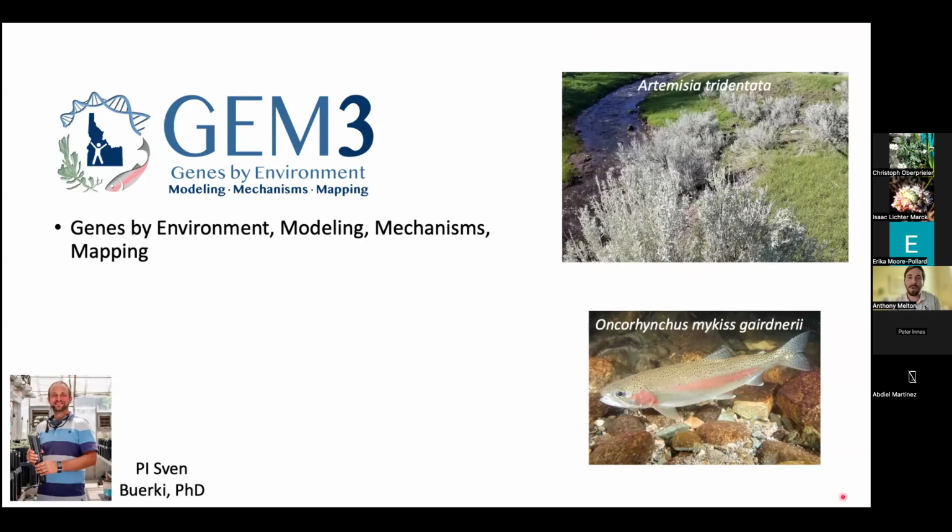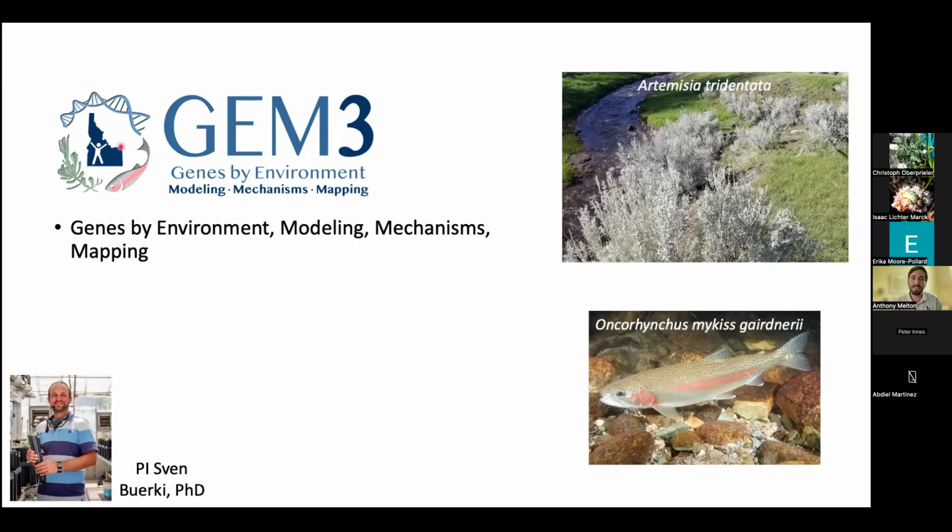This was a project focused on trying to study the biology of two really important taxa within Idaho ecosystems, Artemisia tridentata, big sagebrush in terrestrial ecosystems, and then red band trout in aquatic ecosystems.